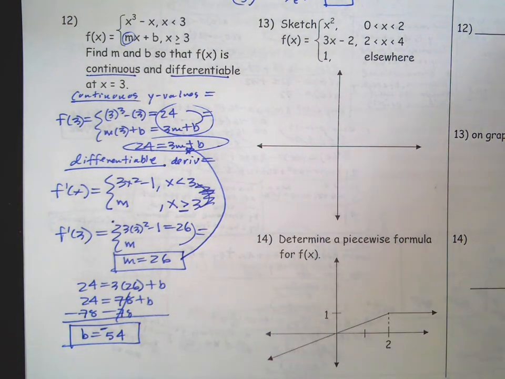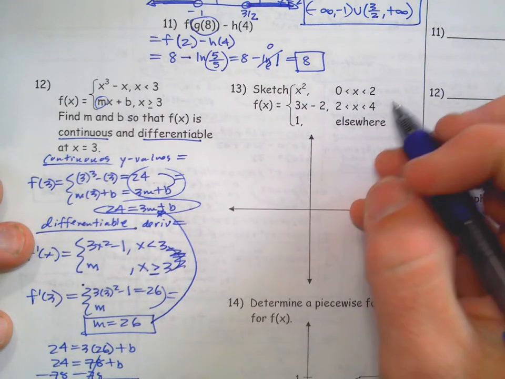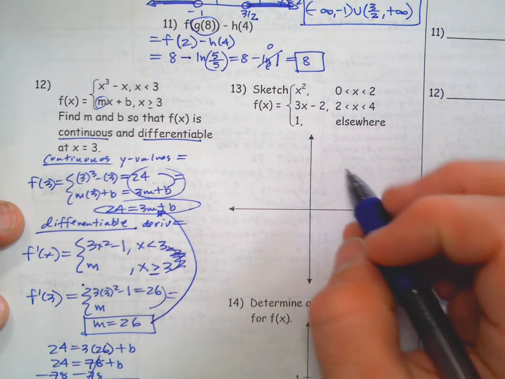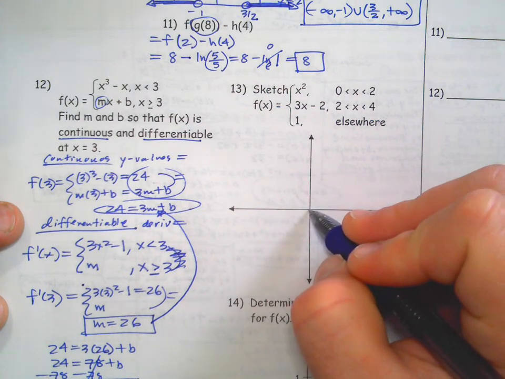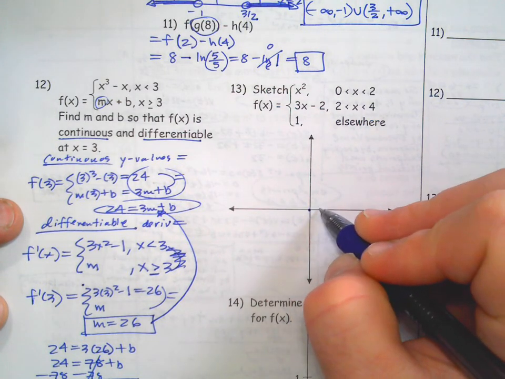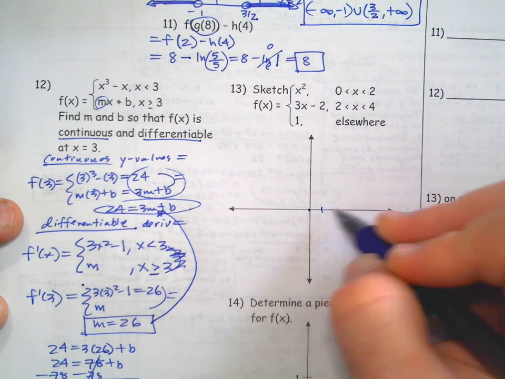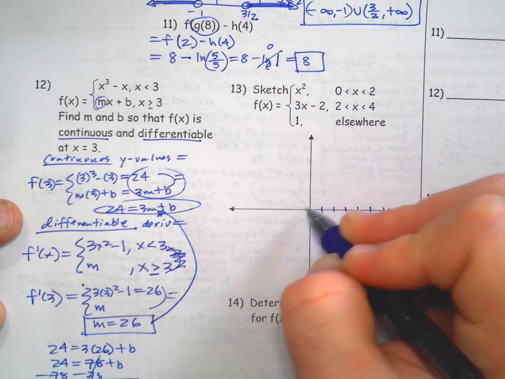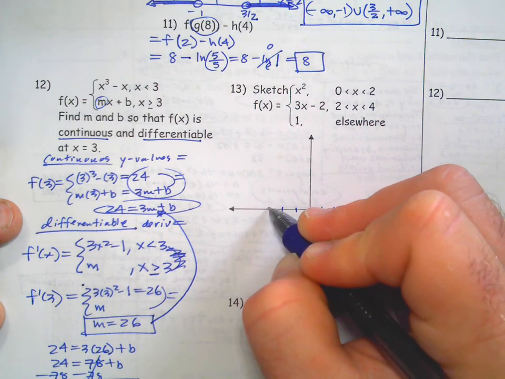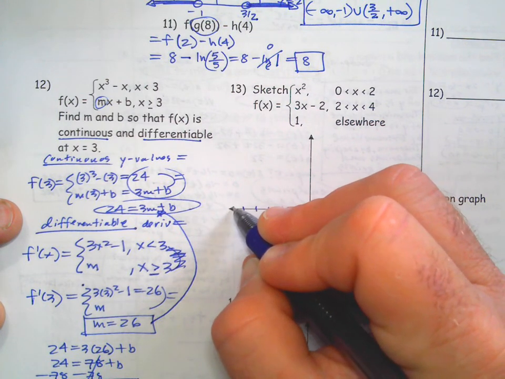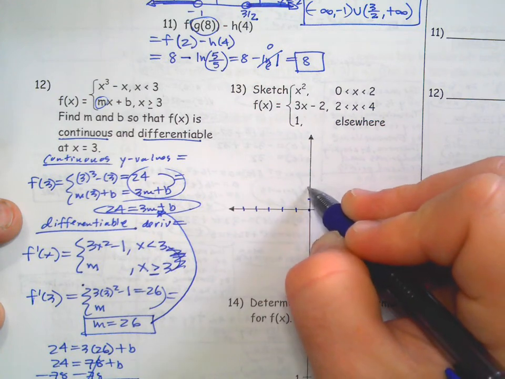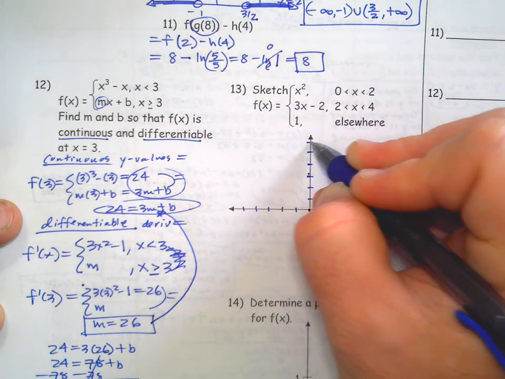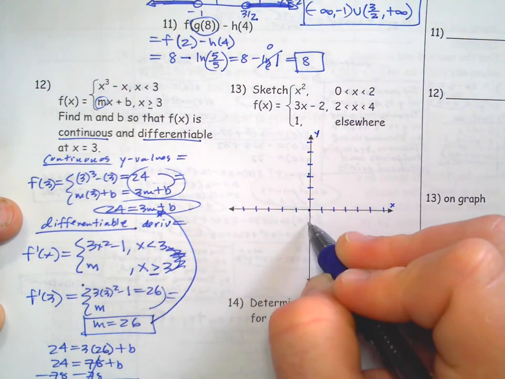Number 13, sketch a piecewise function. So we've been doing a lot of these. We've been sketching a lot of functions. Now this graph, you probably want to try and make decent because you kind of want to know if these pieces actually do connect. So I'm going to put a little more effort into making sure this graph is pretty good since we're dealing with multiple functions together.